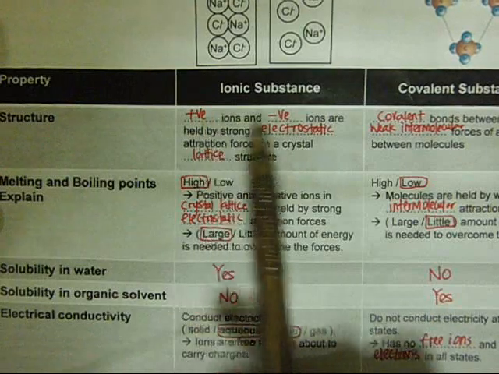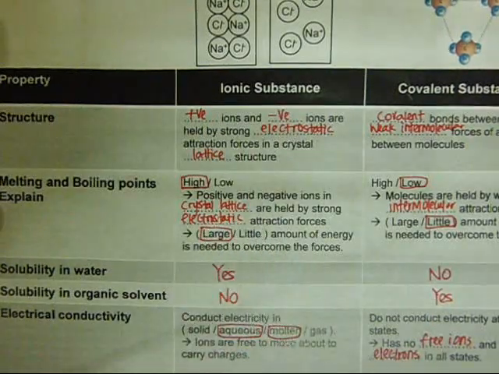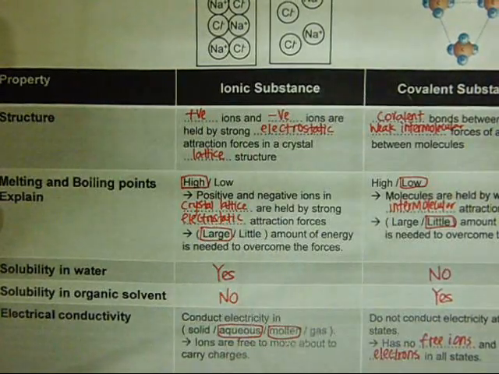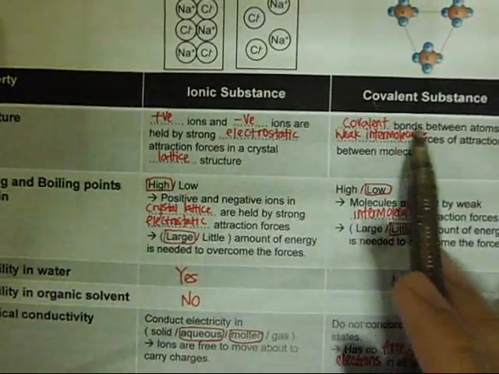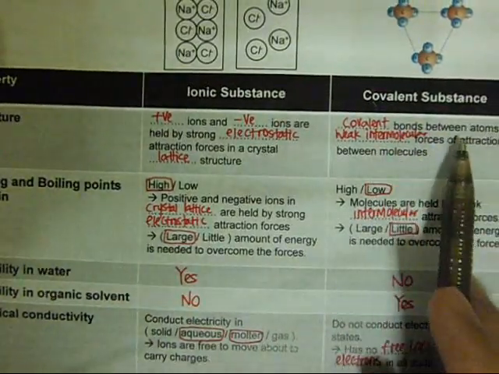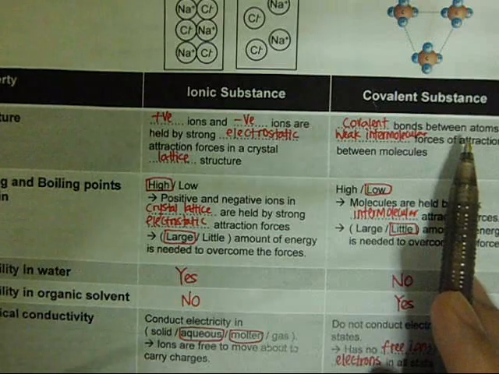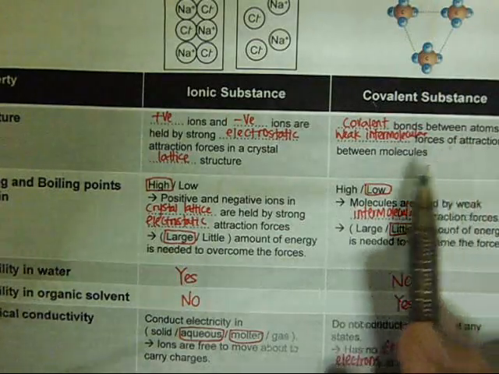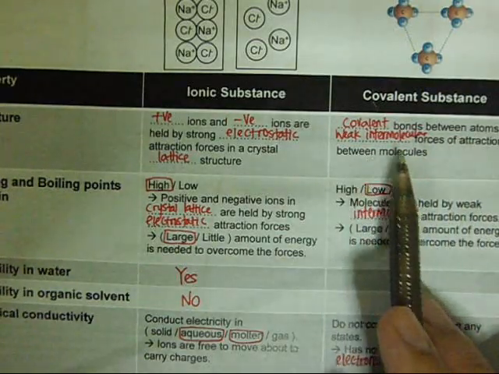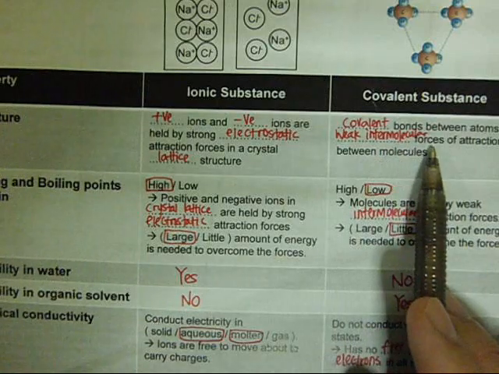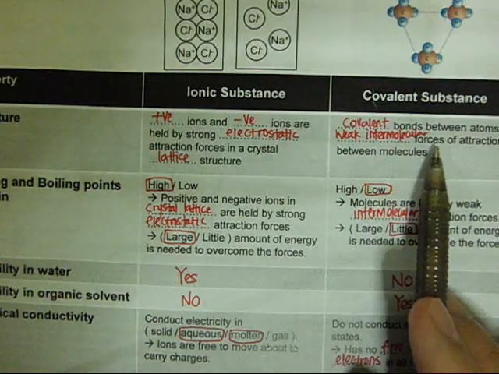The positive ions and the negative ions being held by strong electrostatic forces of attraction. And for covalent substance, there will be covalent bonds between the atoms, which are very strong. But between the molecules, there will be weak intermolecular forces, which are very, very weak.